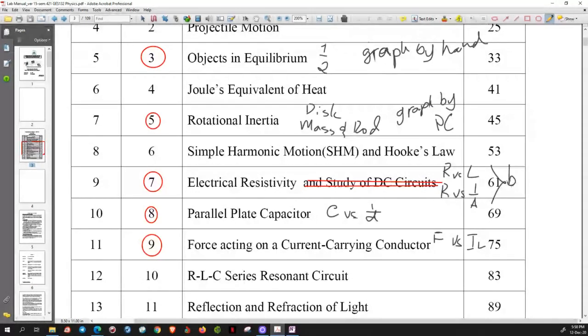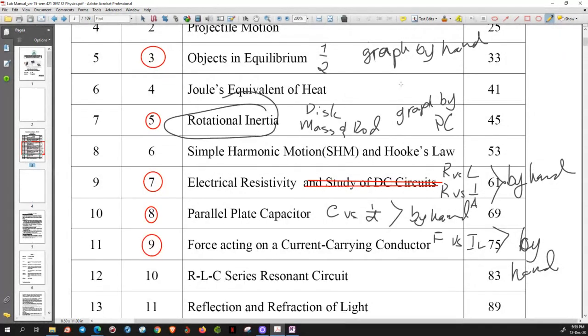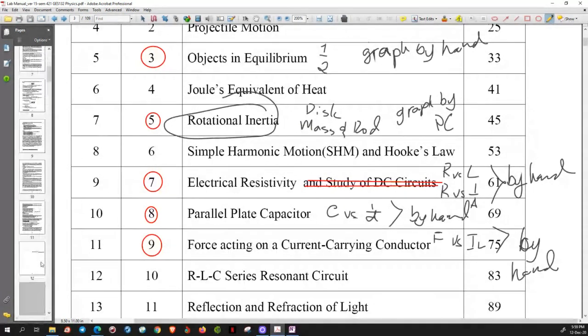The electrical resistivity is by hand, okay? Capacitor is by hand. And force acting on a current carrying conductor is also by hand. So all the experiments will have a graph, except that the rotational inertia, you will graph by computer, which makes it very easy, okay? So let's start with objects in equilibrium.